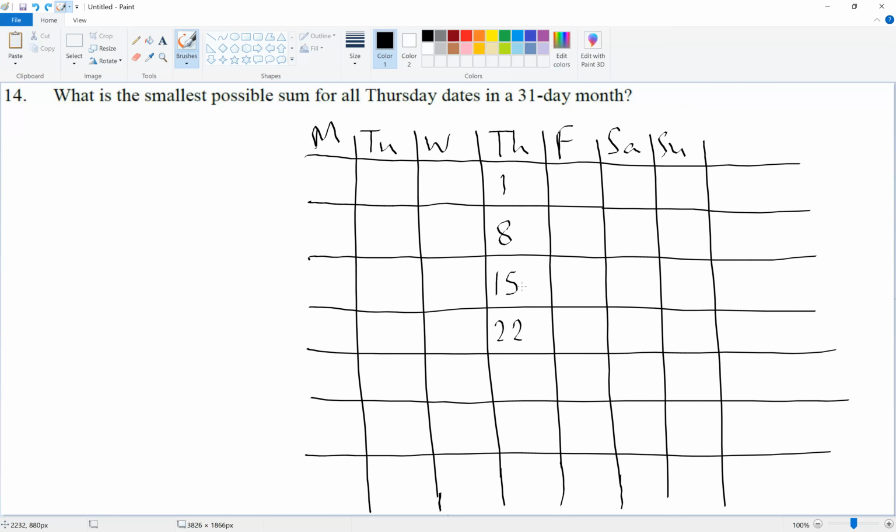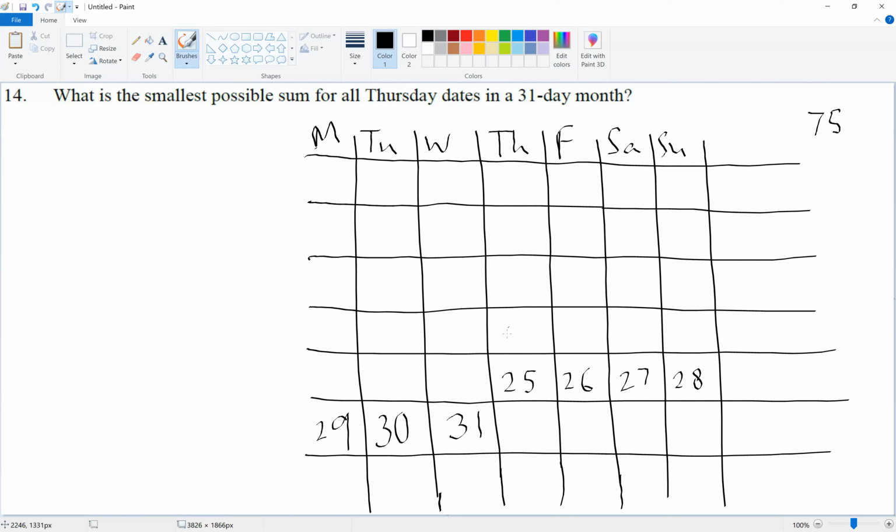Yes. Oh, I got Thursday 5, 12, 19, and 26. If the 31st ended before Thursday, this would be 30th, 29th, 28th, 27th, 26th, and 25th.